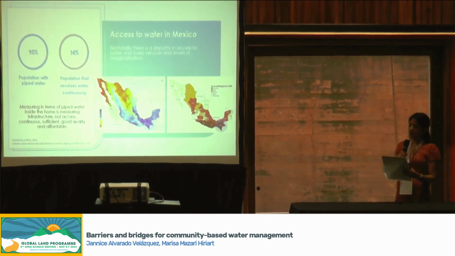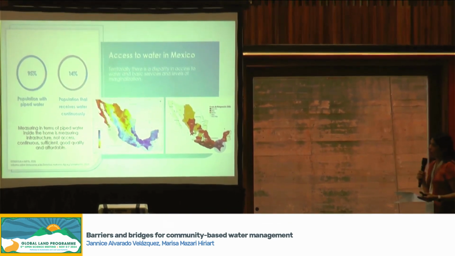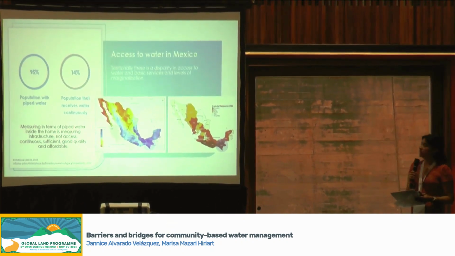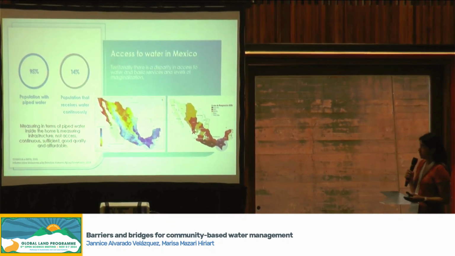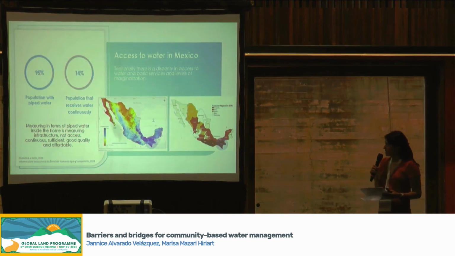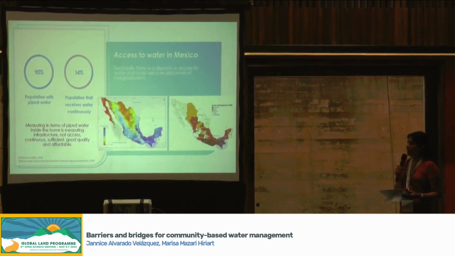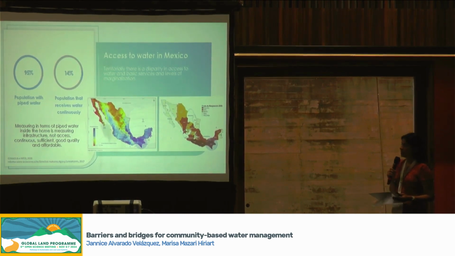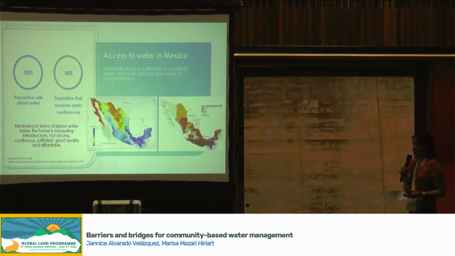I would like to start by talking about water access in Mexico. Territorially, water access shows a disparity between north and south. You can see two maps. The first map shows precipitation rates: mainly in the southeast, Oaxaca and Chiapas present high precipitation, unlike the north.